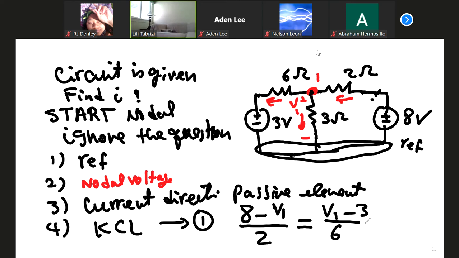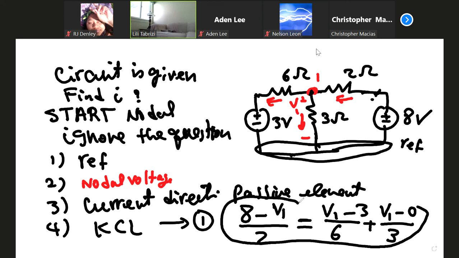The other current leaving goes from where to where? From 1 to the reference. Reference is 0 potential, so it's V1 over 3, minus 0. You don't have to write minus 0, but I just want to. This is your nodal equation.